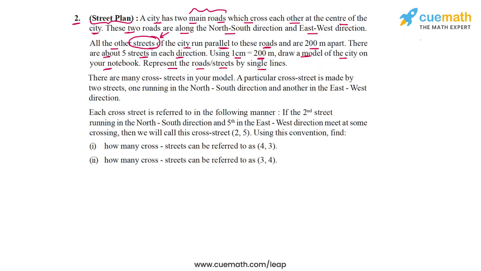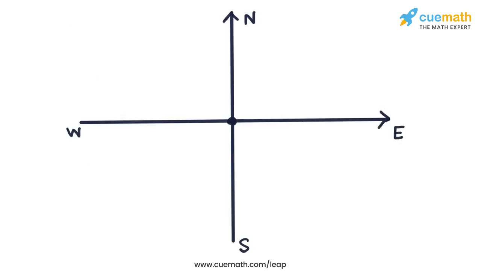Okay, so let's add to our figure based on this information. So here's our two main roads, and then there are 5 streets parallel to these roads in both directions. Let's first make the streets that go east-west.